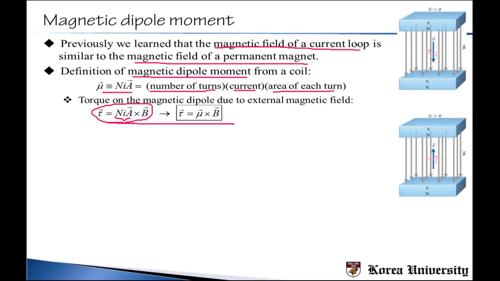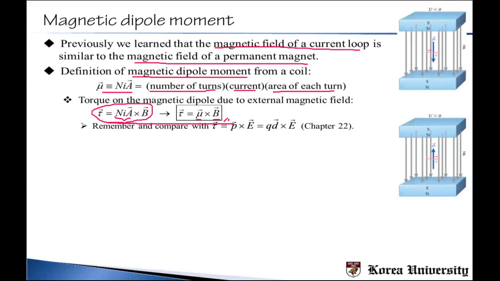So therefore, finally, the torque is simply the cross product between the magnetic dipole and the magnetic field. So basically, this magnetic dipole represents how strong or how large this magnetic moment is.